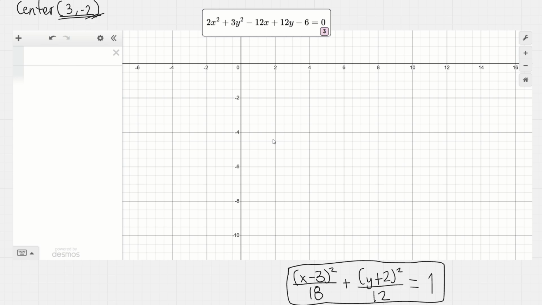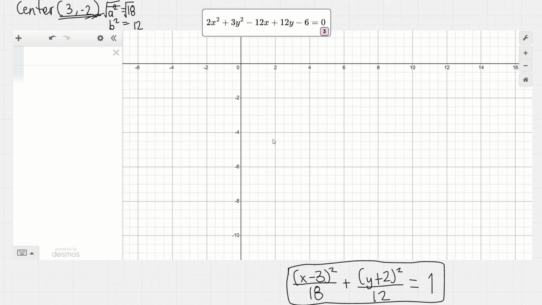Now, let's try to solve for the a value and b value. So our a, remember, is always the largest number. So it will be 18. And our b will be the lowest value, 12. We square root both sides.